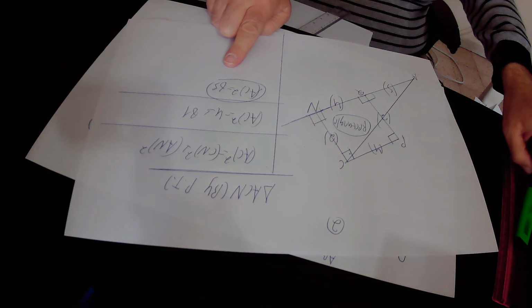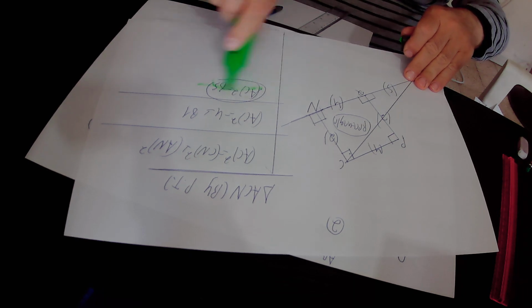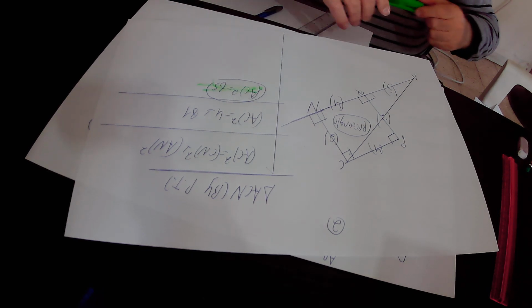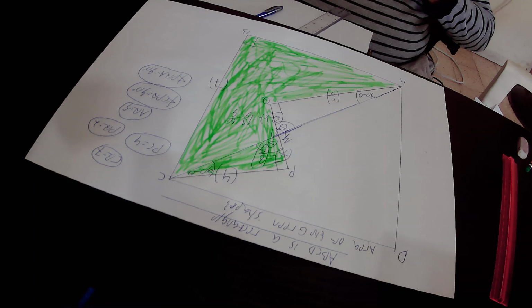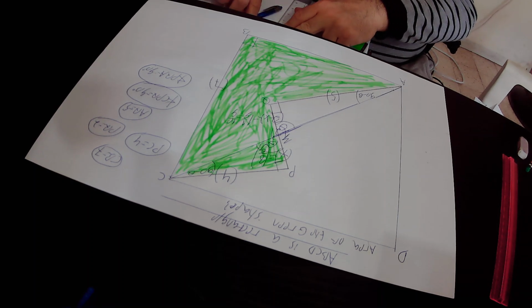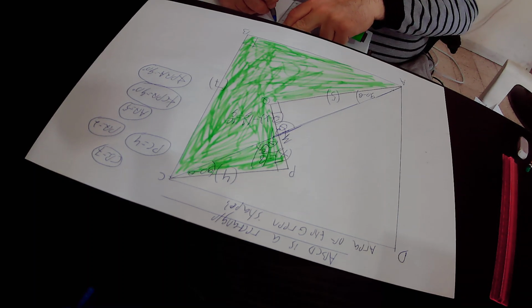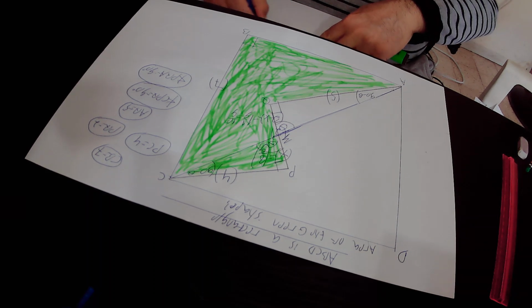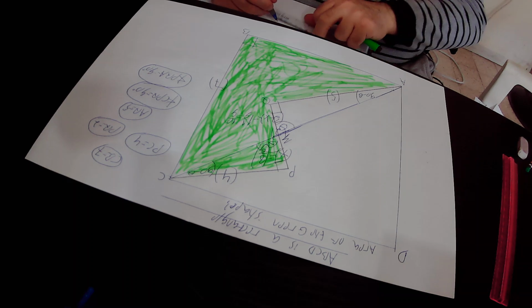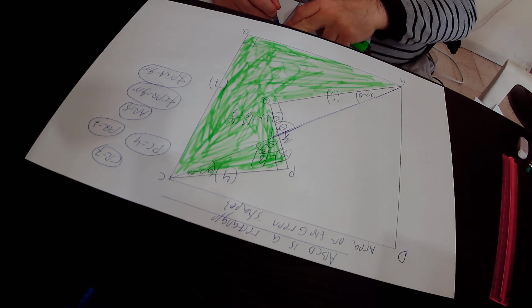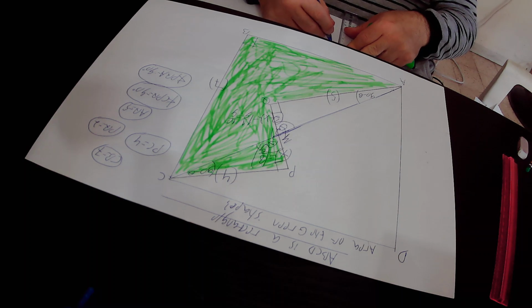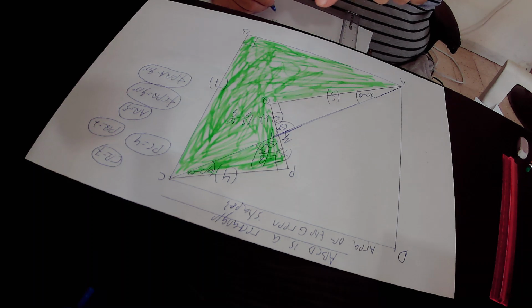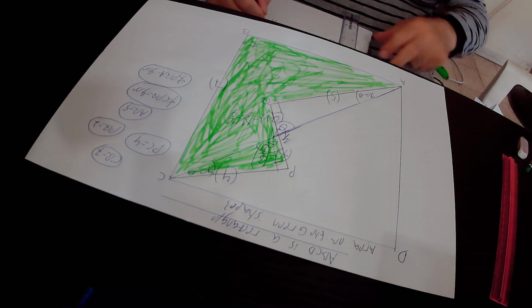AC square equals 85. Side CB of the right triangle ABC equals 7 units in its length, according to what is given in the question.